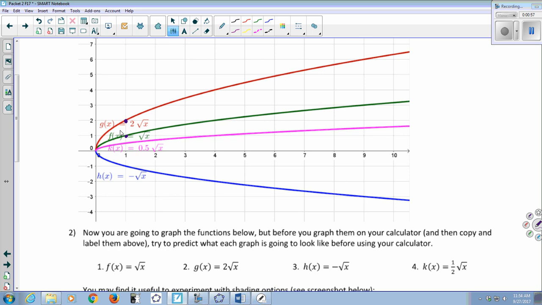So I have (1, 1) goes to (1, 2). And then let's see, another good point would be this one and this one. So I have (4, 2) and (4, 4). (4, 2) goes to (4, 4). And then (9, 3) goes to (9, 6).